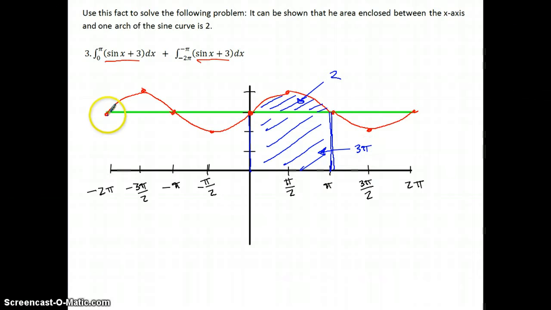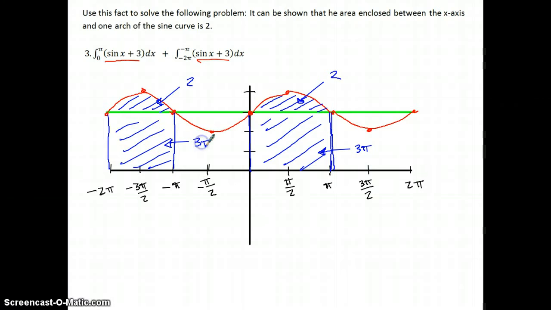I also want to find the area from negative 2 pi to pi, so I'm going to find this area here, which once again is 2, and this area here, which once again is 3 pi, and so I have to add all this together, which gives me 6 pi plus 4, which is the area added up.